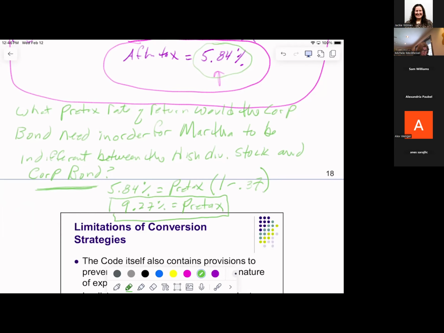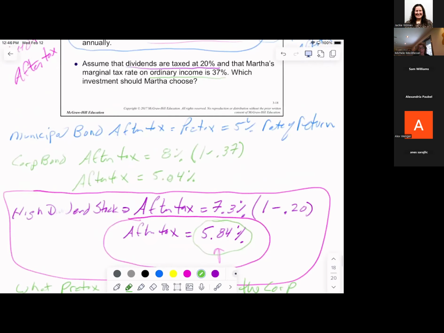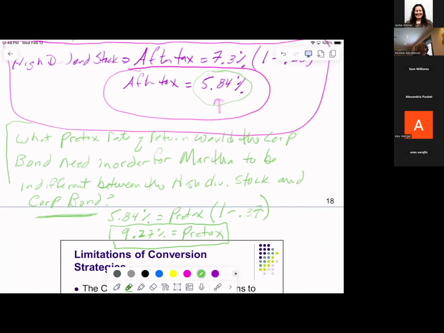So if that corporate bond paid us a pre-tax rate of return of 9.27% instead of the 8% that we were told, then Martha could choose either that high dividend stock or that corporate bond and still make the same after-tax rate of return. Okay, so when you're asked a question like this, that's how you deal with a question like that. Okay?